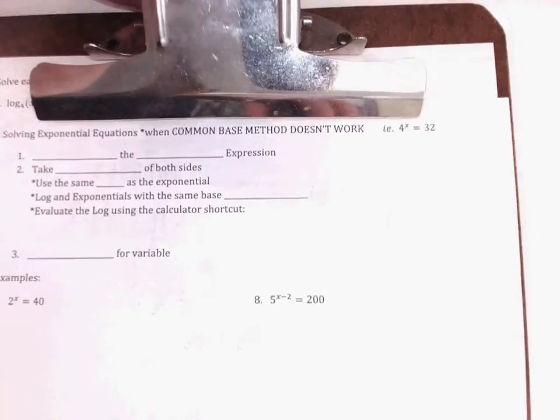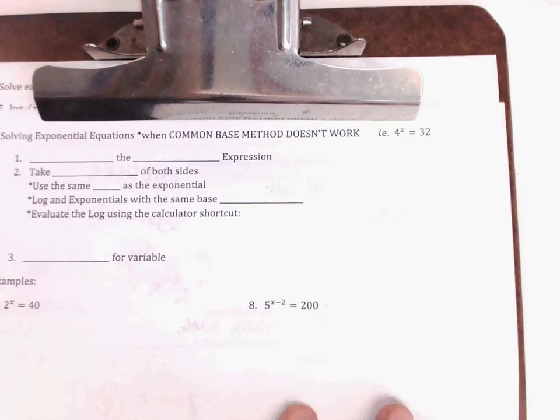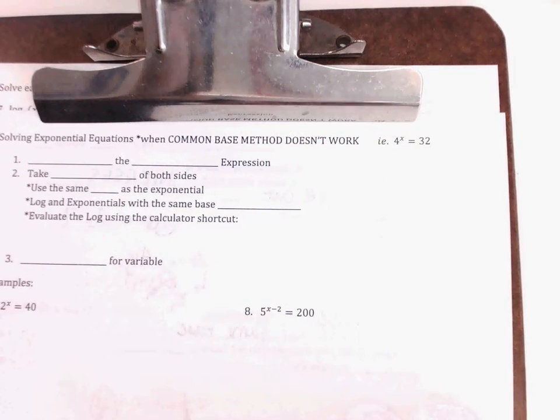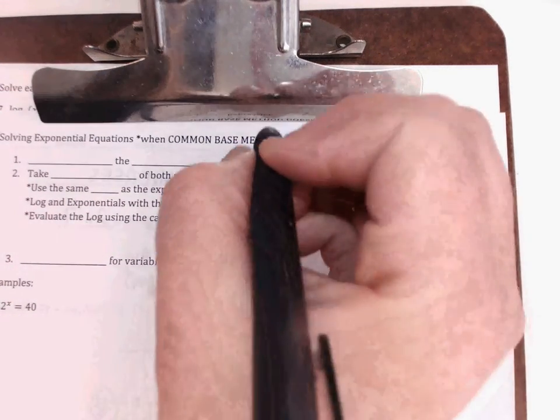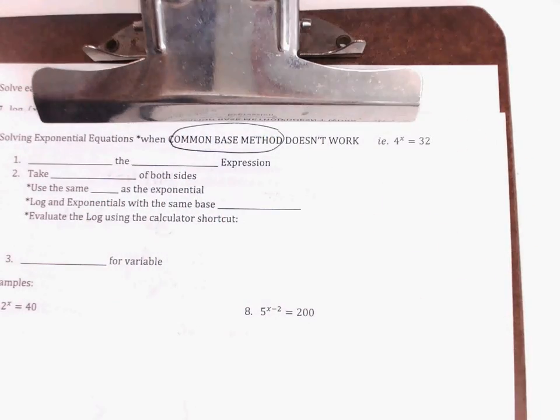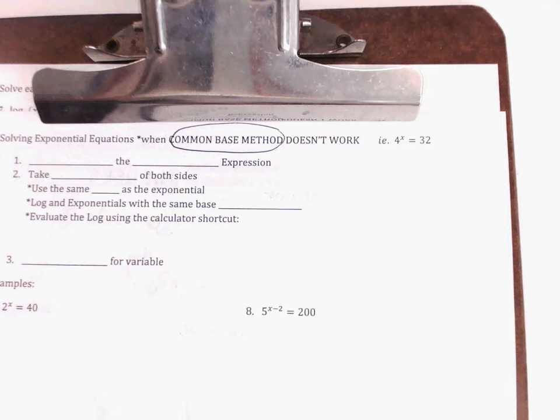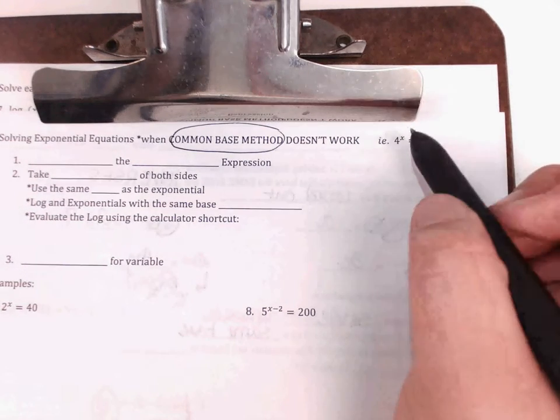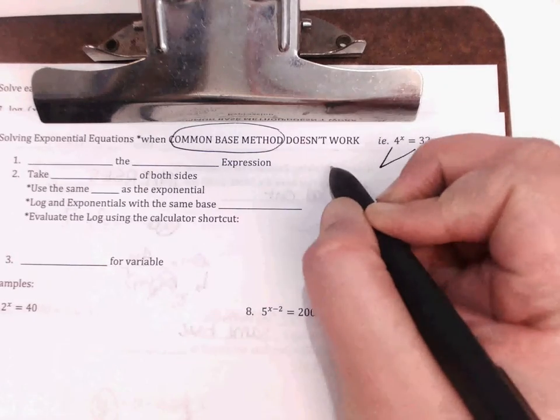Okay, backside. Okay, take a look at this one in the little top corner. Do you remember how you can solve this by common base? Okay, what do 4 and 32 have in common as a base? Do you remember? What common base do they both have?